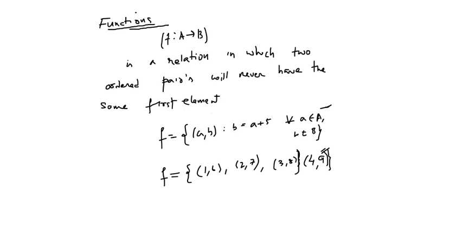Now in class 12, how will you define it? If you look at this ordered pair, let's say (a, b) is an ordered pair, we will call b the image of a, and we will call a the pre-image of b.